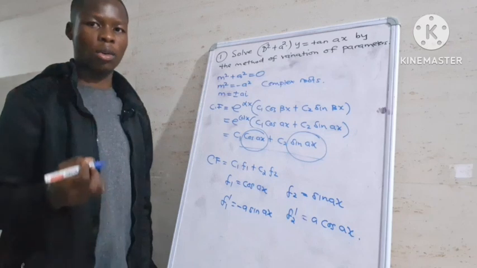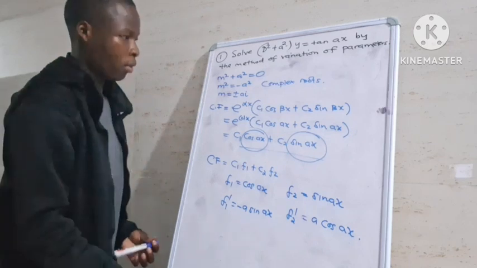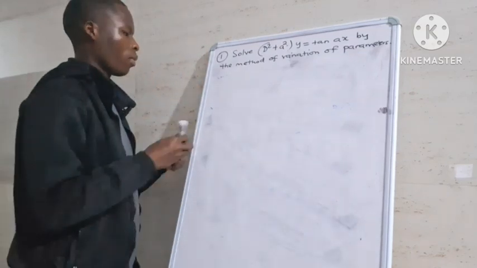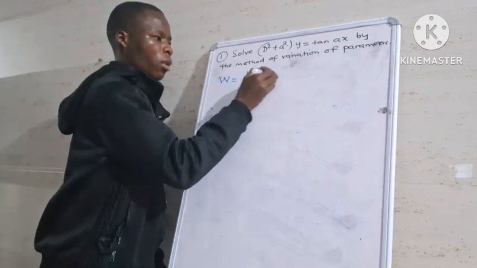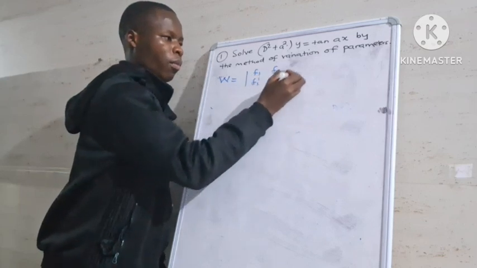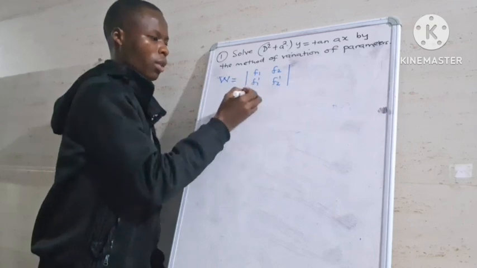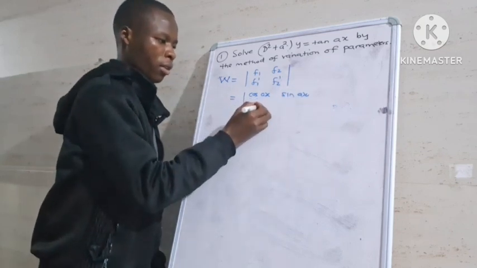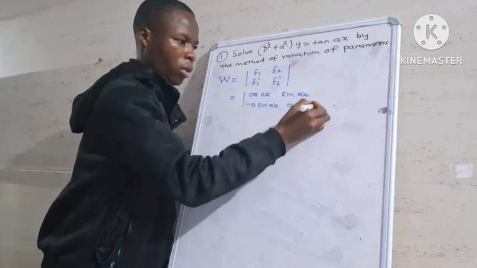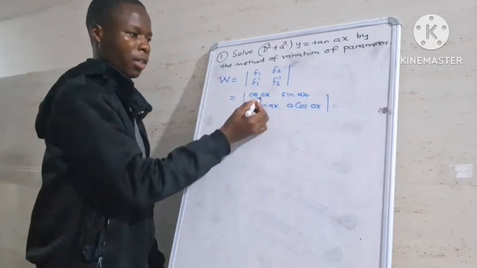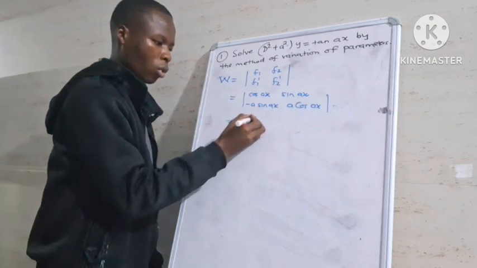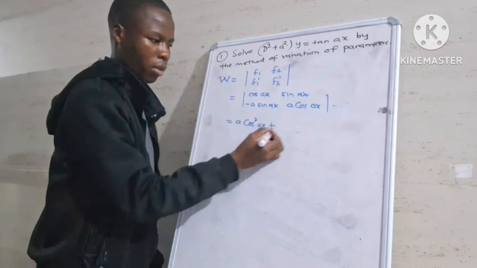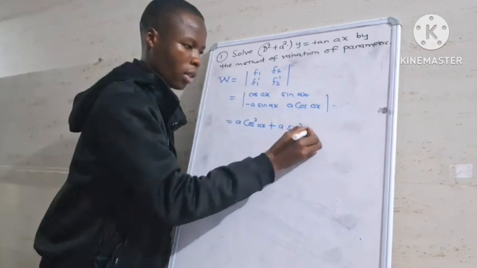Now we can find the Wronskian determinant W. W is the determinant of cos ax, sin ax, negative a sin ax, a cos ax. Finding the determinant, this is a cos squared ax plus a sin squared ax, since negative times negative gives plus.